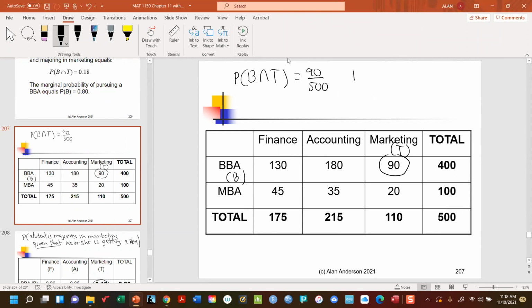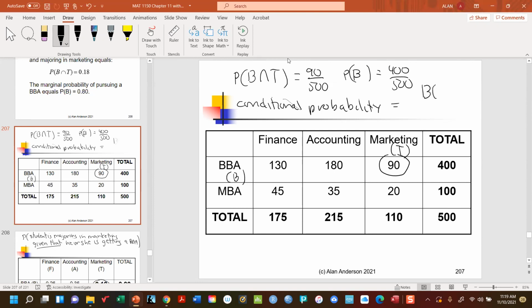The probability of getting your bachelor's degree is 400 out of 500. So what we're effectively doing here is taking the ratio of these two. So our conditional probability is the ratio of these two numbers.